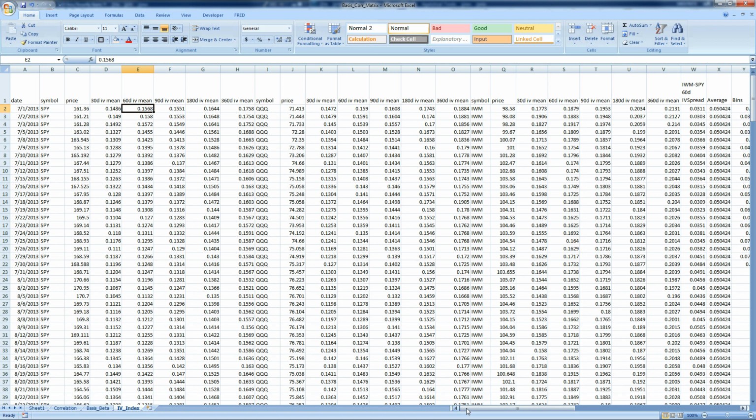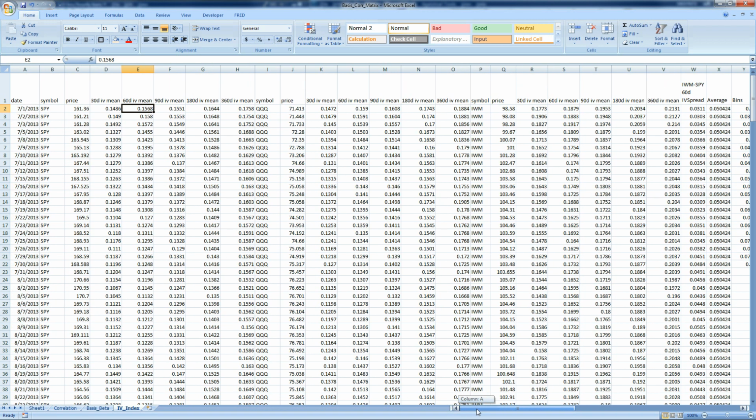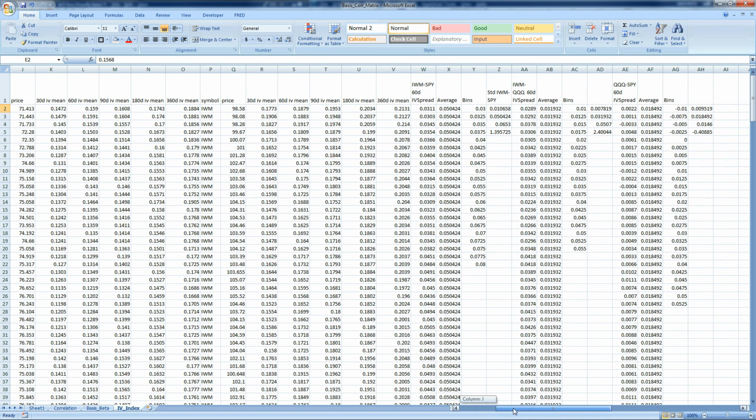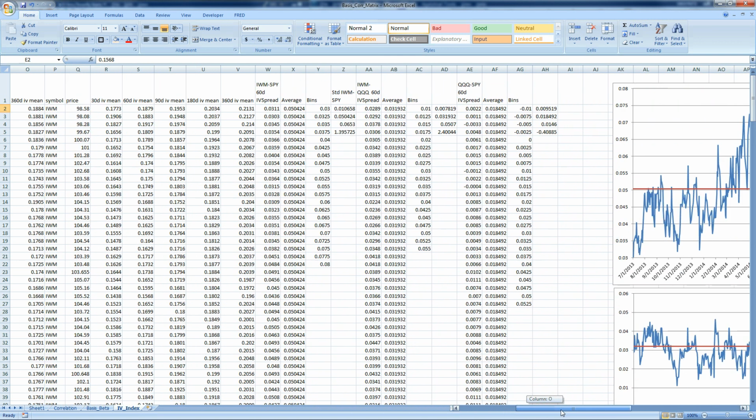60-day IV, and we're going to use 60 days because everything we've done here is 60-day, and I'm just keeping it consistent for the sake of keeping everything easy and not getting into sort of the paralysis of analysis. So we have 60-day, and we're looking at the spread.